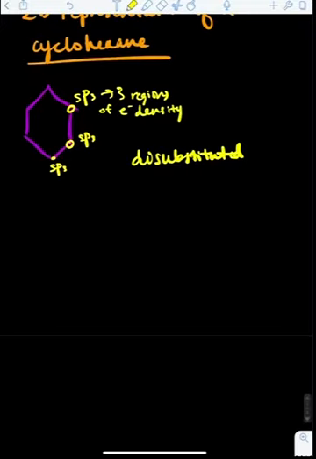Any more than that, you can still make a chair conformation, but you'll see in a later video, we're going to be using a chair conformation to determine the stability of a given cyclohexane, and that is typically done using a di-substituted cyclohexane.